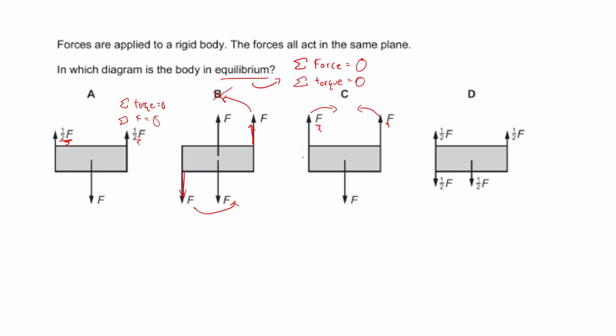However, the vertical component of this is F plus F equals 2F, and there's an F going down, so it's minus F. So our resultant vertical component is F, which is not equal to 0. And you can apply the same reasoning to D. It turns out the resultant torque is not equal to 0. So it's not D, and thus our final answer is A.